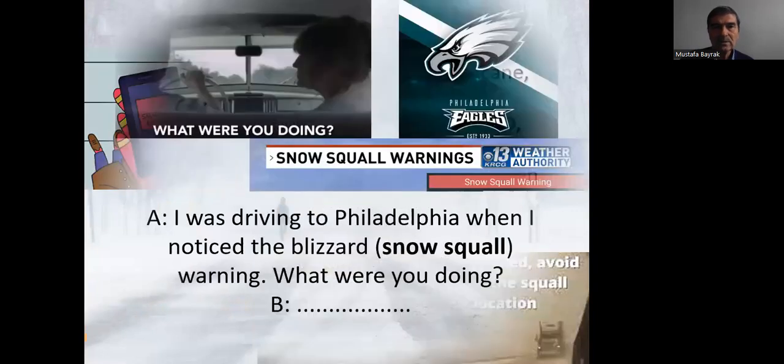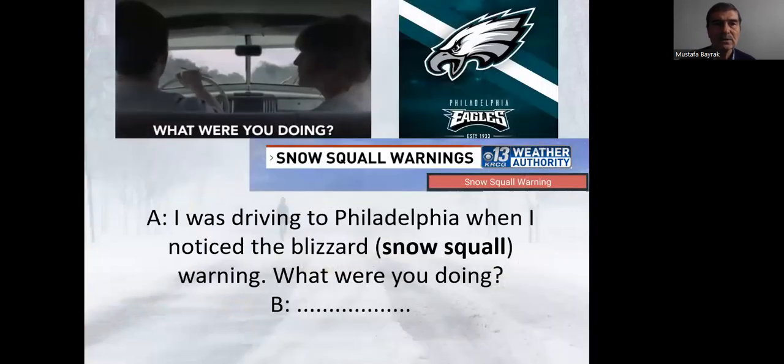For example, if you take a look at the GIF on the right top of the page, if we think that it is happening now, we ask the question, what are they doing?